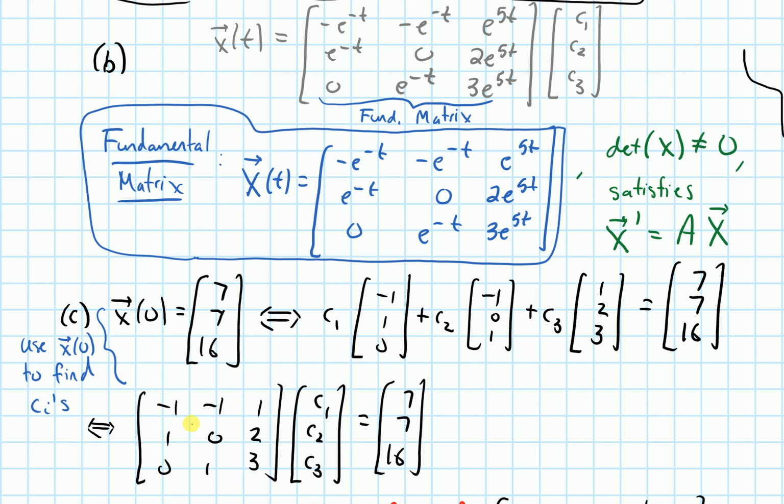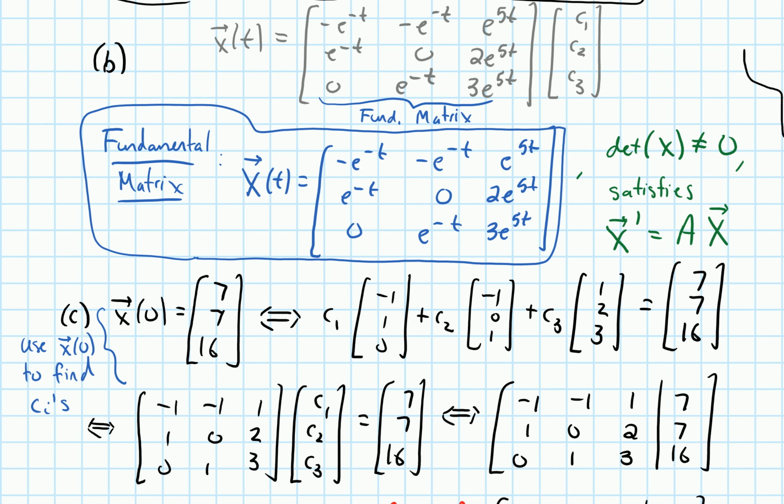So this is just a matrix problem, and we can solve it by forming an augmented matrix. We'd augment negative 1, 1, 0 with 7 for the first row, negative 1, 0, 1 with 7 for the next row, and 1, 2, 3 with 16 for that third row.